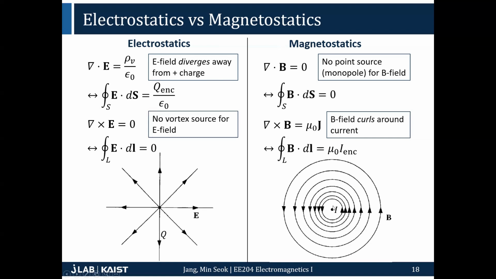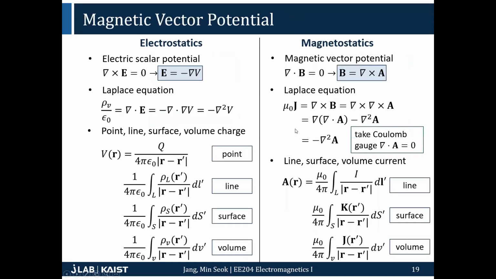So that's the big distinction between these two. The curl of E is 0, divergence of B is 0, okay? And that distinction makes a difference in defining potentials in both cases.